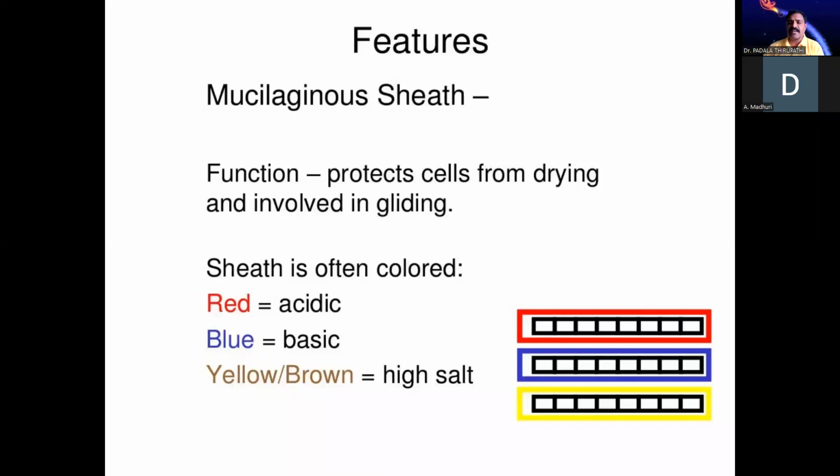The scientist Gaidukov has clearly explained in Oscillatoria sancta that the color of the thallus changes to red. Whenever sunlight comes, red color is acidic in nature, blue color is basic in nature, and yellow-brown is high salt in nature. The scientist Gaidukov has clearly explained in Oscillatoria sancta that it changed color.